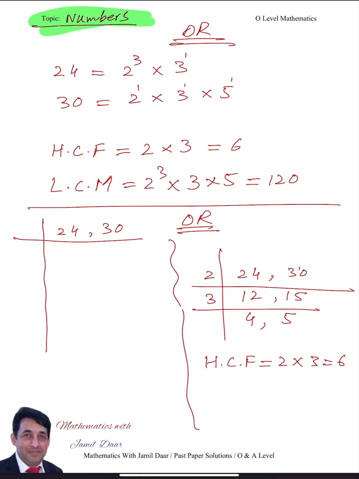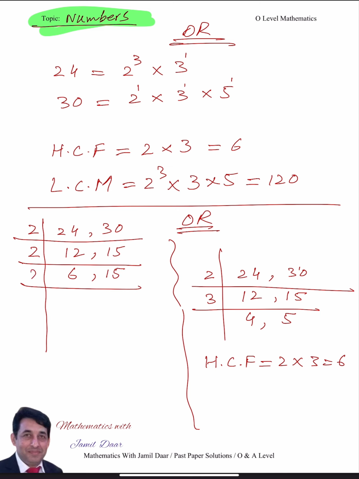Both are divisible by 2, and we'll keep on dividing as long as even one number is divisible by 2, like 12 and 15. We won't stop dividing until none is divisible; if one is divisible, we keep on dividing. So 2 sixes are 12, and this will stay the same.